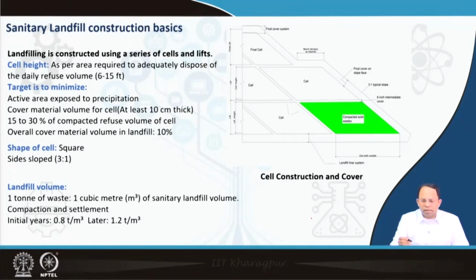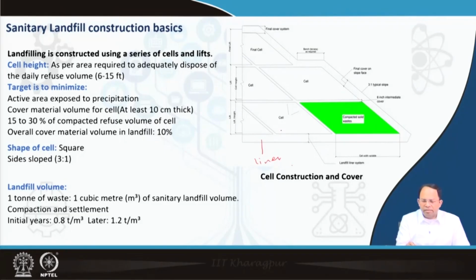As you can see in this particular image, we have a landfill, and at the bottom we have the landfill liner. The liner is the layer which prevents water from flowing down, the leachate from moving below the landfill. That is, it prevents the leachate from mixing with the groundwater. And as you can see above the liner, there is the drainage layer and all these things that we will discuss in detail later.